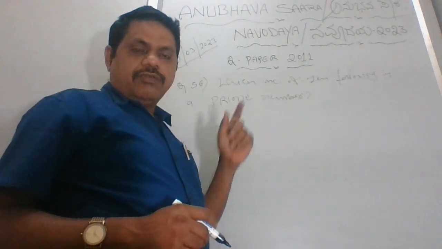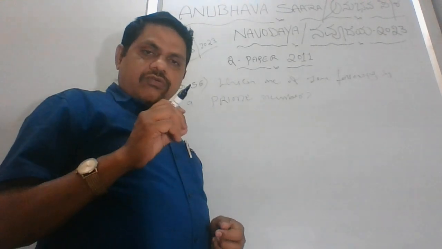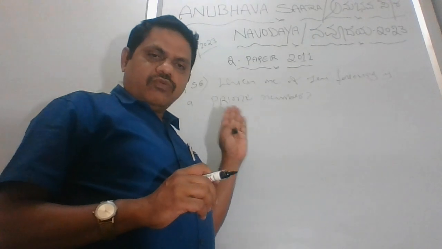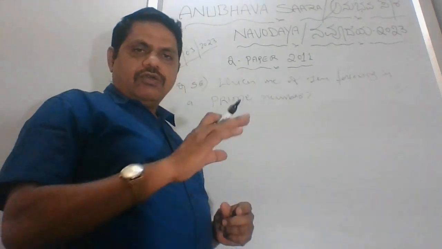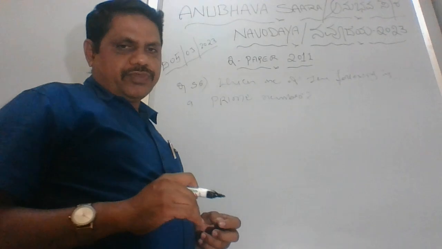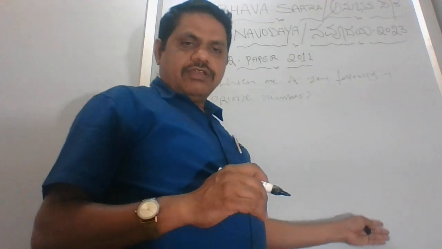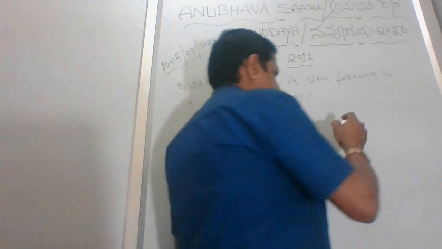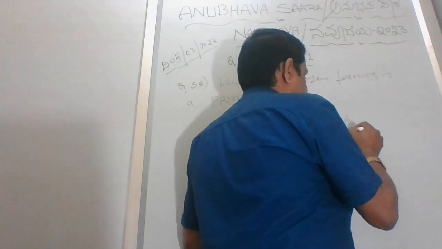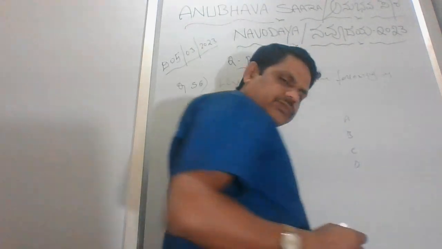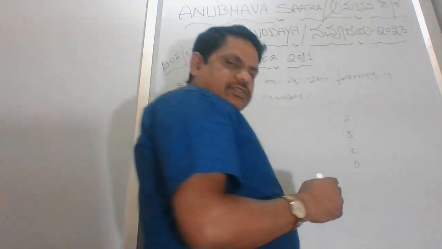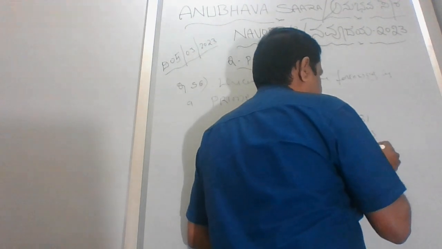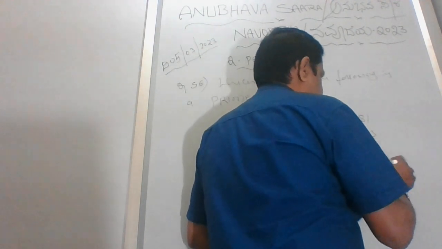Here prime number means you should know very clearly the prime numbers from 0 to 100, which are the prime numbers. I'll write the options here and later I'll explain how we can find out the prime number. 81, 83, 85, 87.